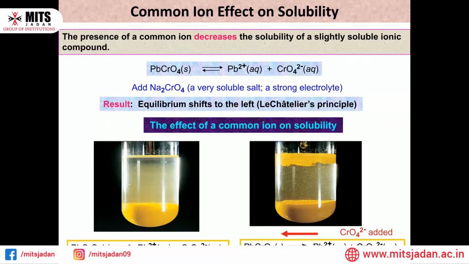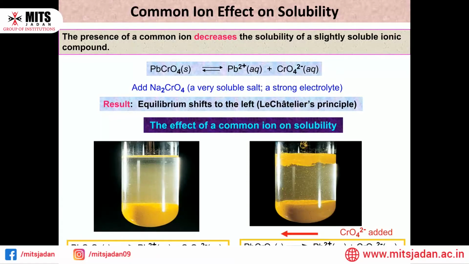Actually, of course, the concentration of lead ions in the solution is so small to start with that only a tiny proportion of the extra chromate ions can be converted into lead chromate. The lead chromate will become even less soluble, and of course, the concentration of lead ions in the solution will decrease.